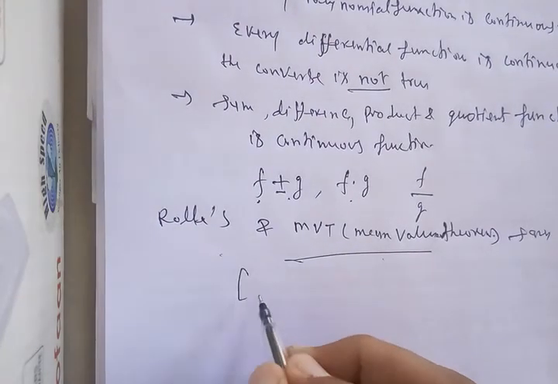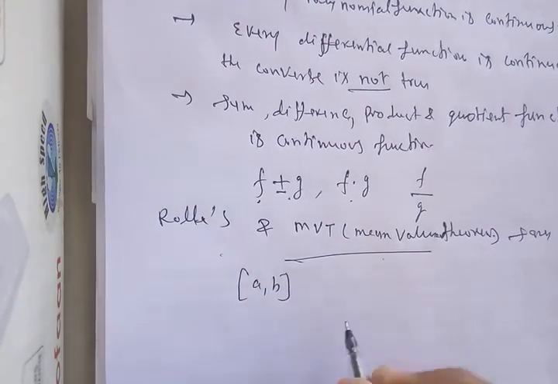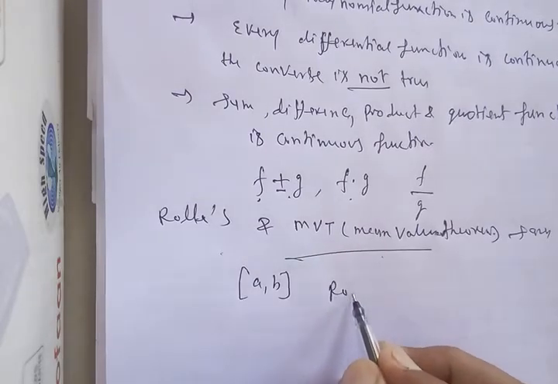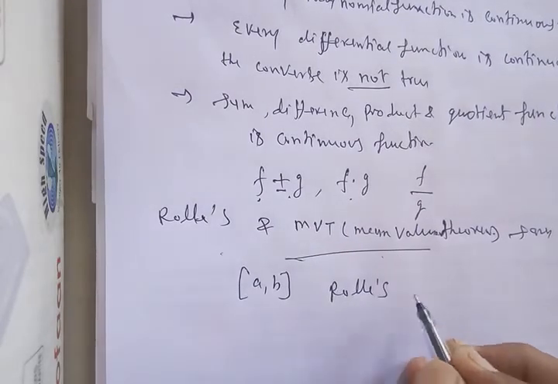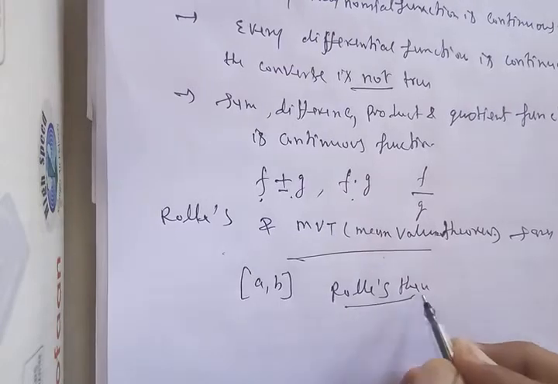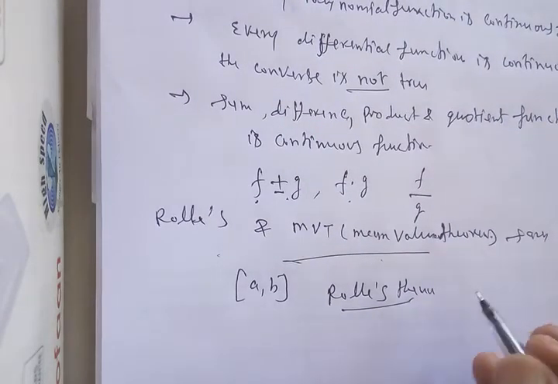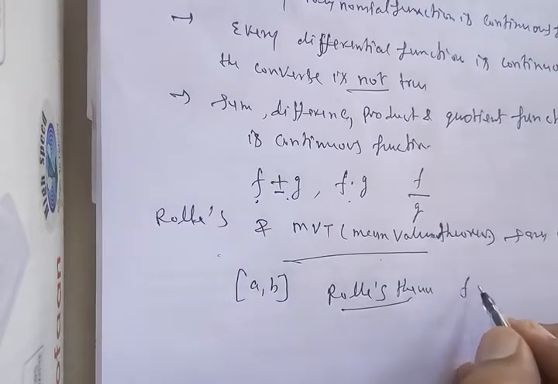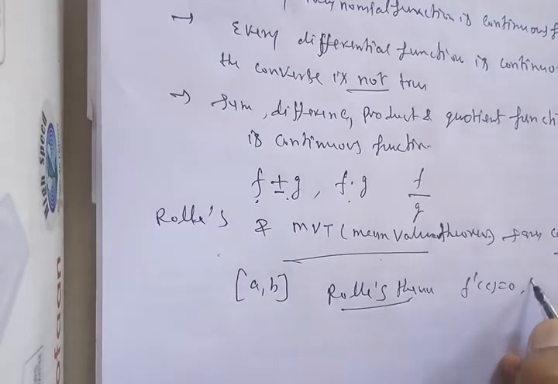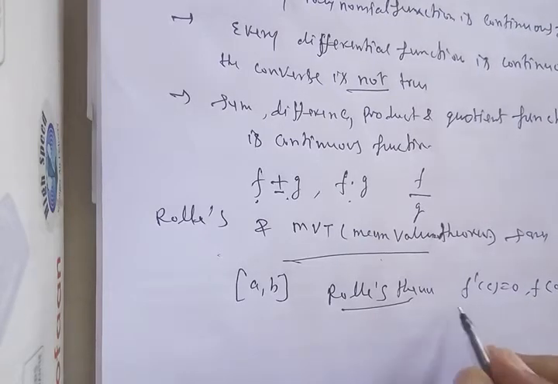In the closed interval a comma b, Rolle's theorem states that if f(a) equals f(b), then f dash of c equals 0. This is the formula.